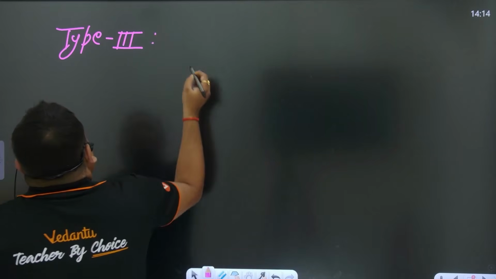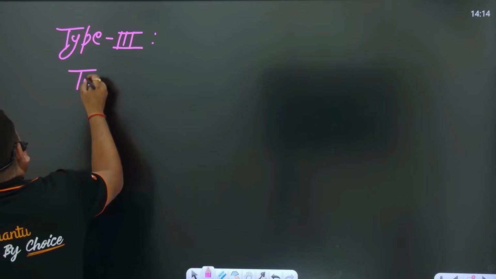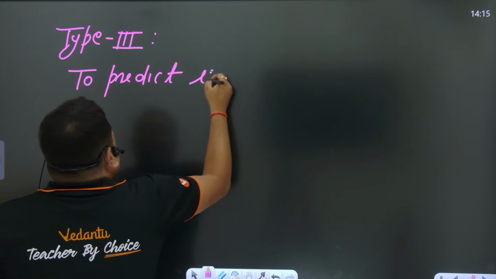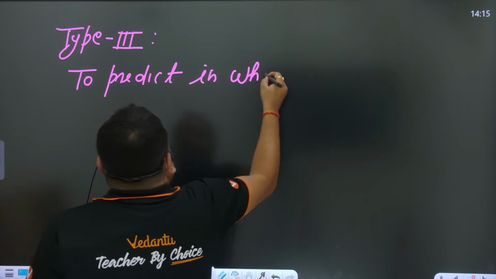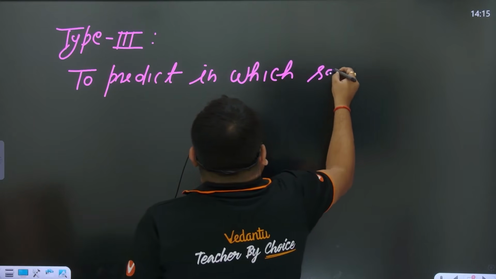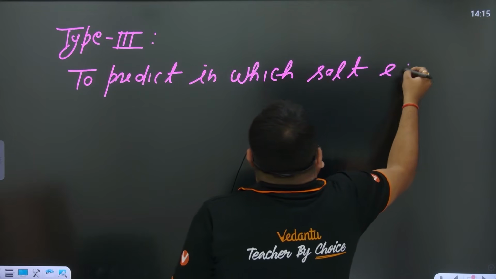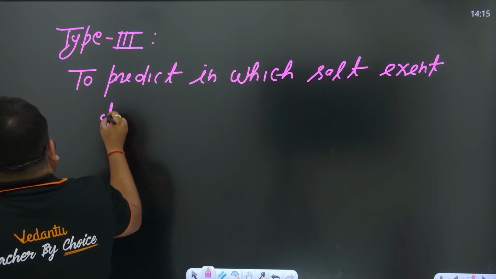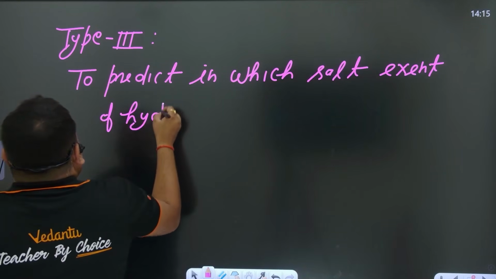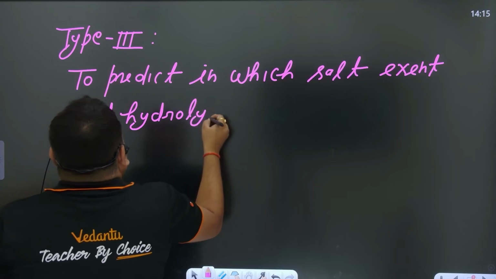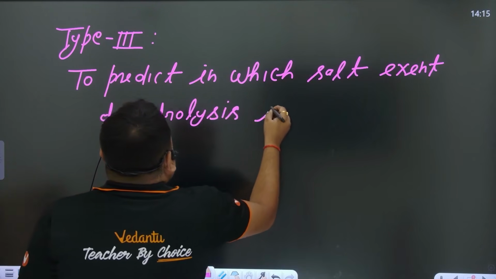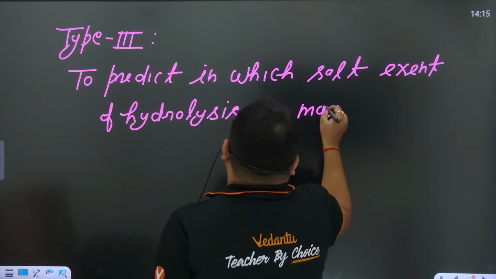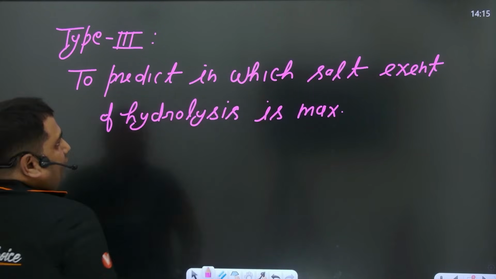So to predict in which salt extent of hydrolysis is maximum, how to answer this type of question?